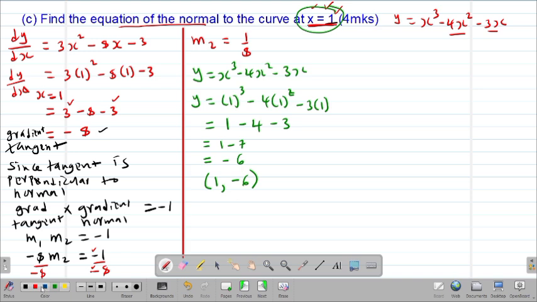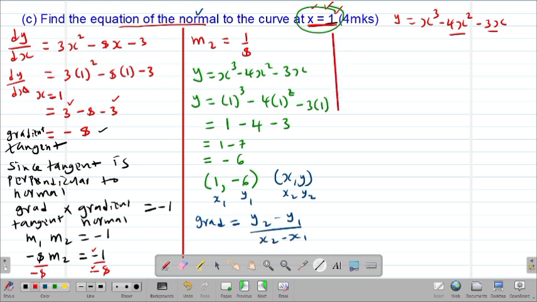So to get the equation of the normal, we need a general point, that is (x, y). I let this be (x1, y1) and this be (x2, y2). So we know that gradient is given by change in y, which is y2 minus y1, over change in x, which is x2 minus x1.